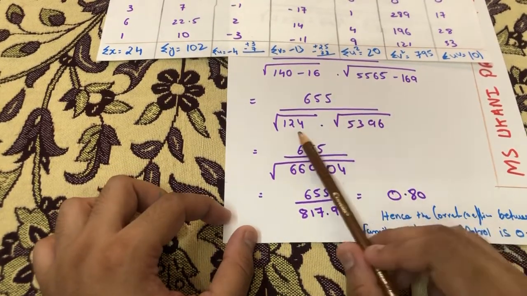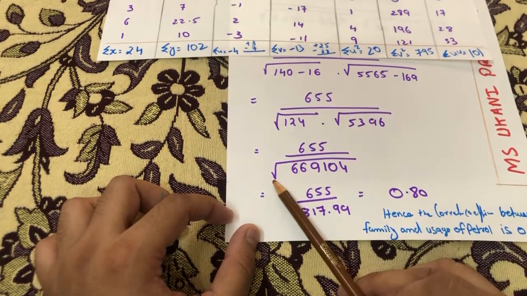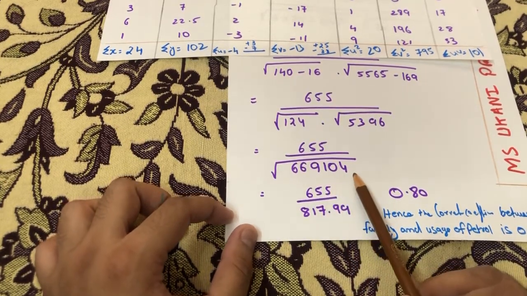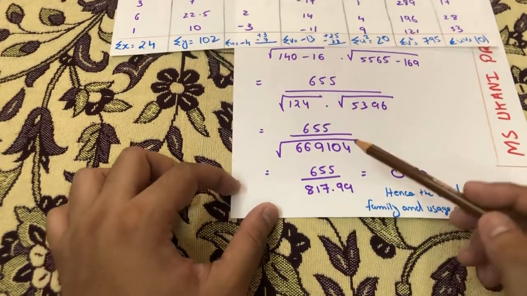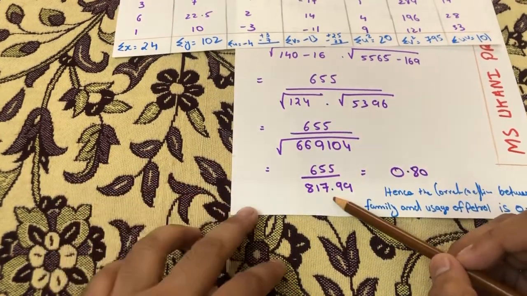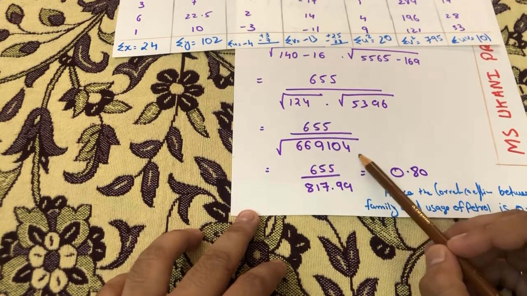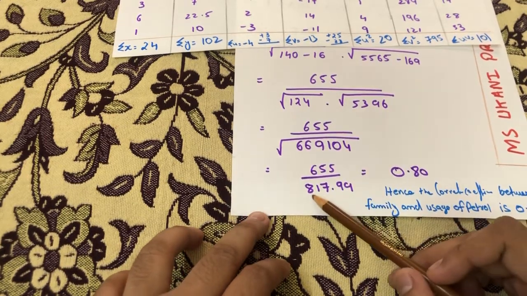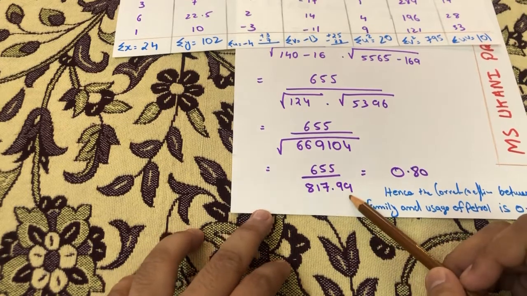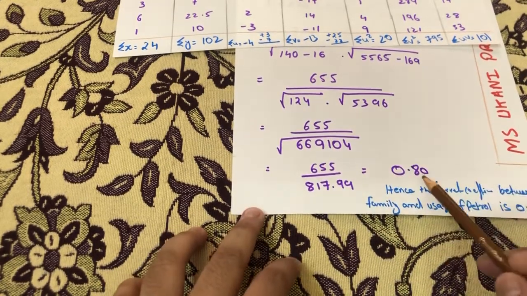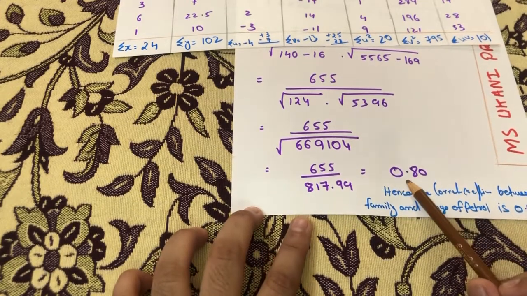Now you have to multiply both these numbers, so you will get the answer under root 669104. Okay, now in the next step you have to take out the square root of 669104, so you will get 817.99, and when you divide these both numbers you will get the answer 0.80.